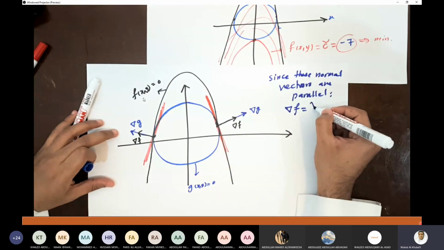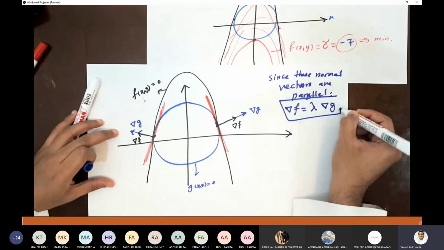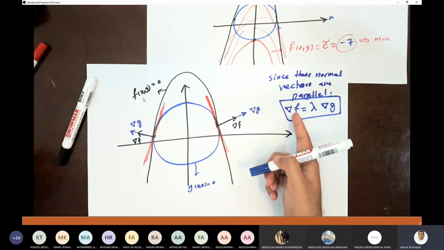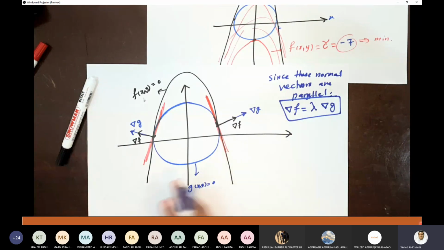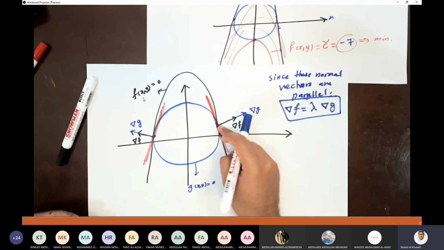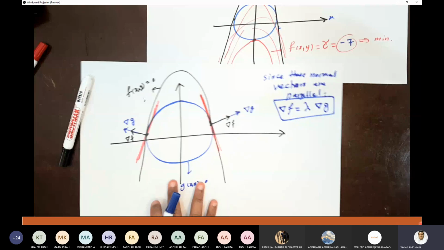The constant, let's call it lambda, times the gradient of g. This is what parallel means. When we say a vector is parallel to a vector, it means one of the vectors is just a constant multiple of the other. It could be half the length of this one, it could be double the length of g, it could be the opposite direction. It's fine here.